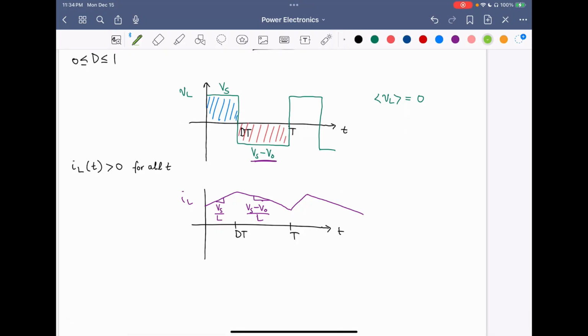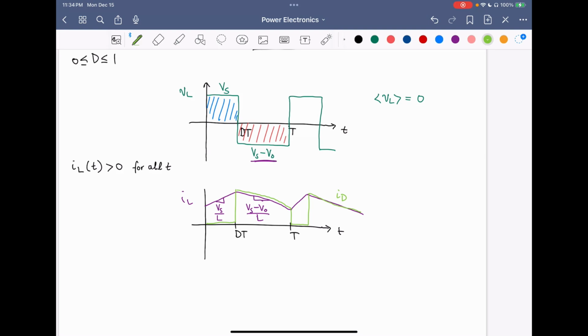So in the dt interval, it's equal to 0. And then in the d prime t interval, it simply equals IL. So this is our diode current waveform. It simply follows IL in the d prime t interval, and it's 0 otherwise.